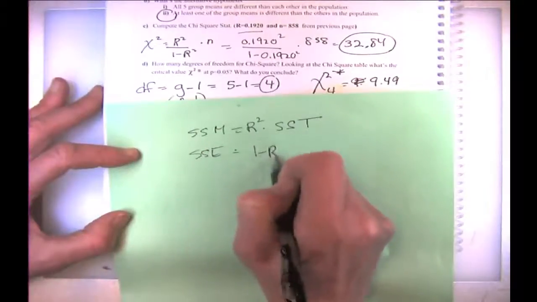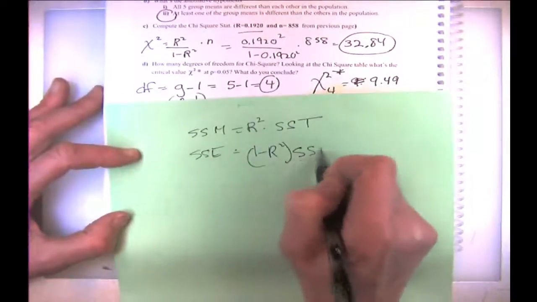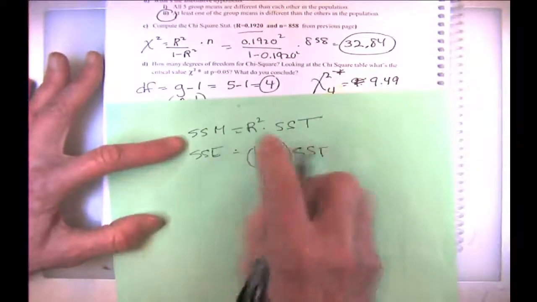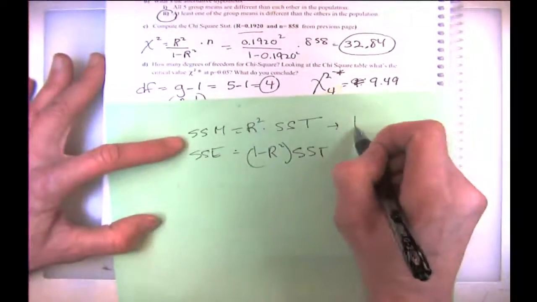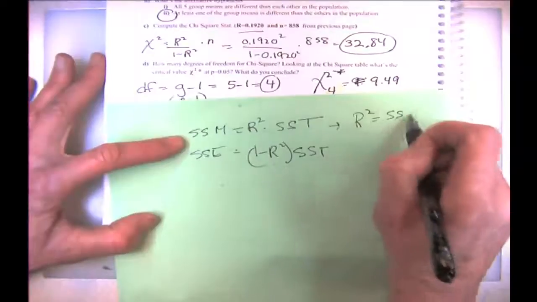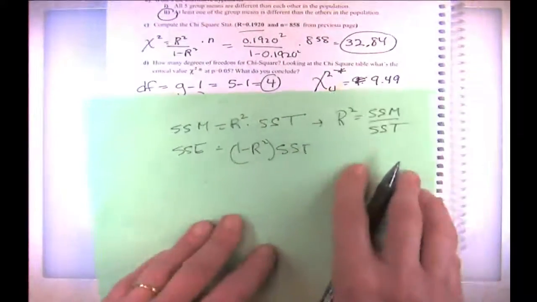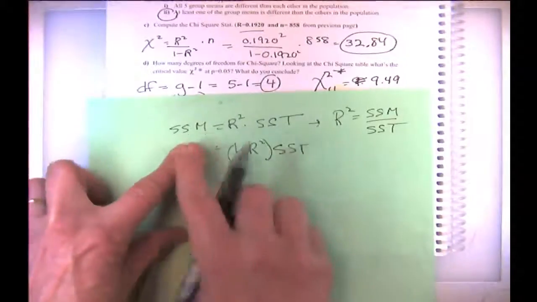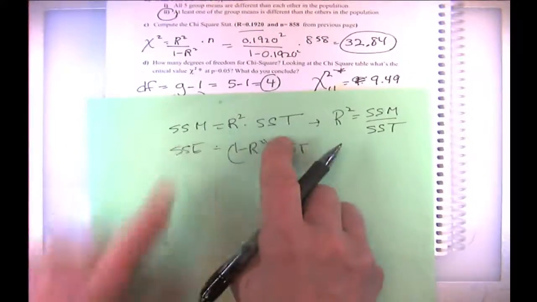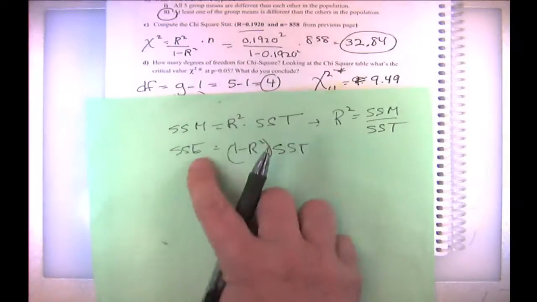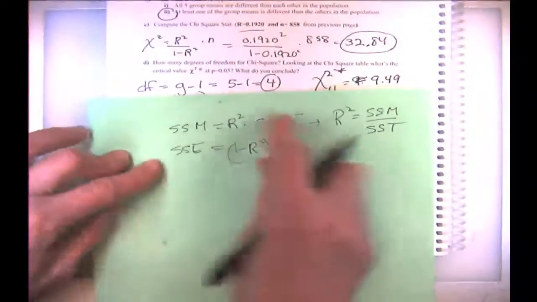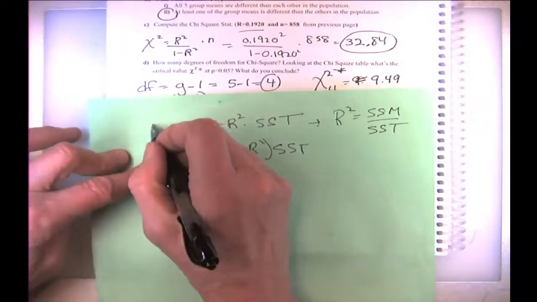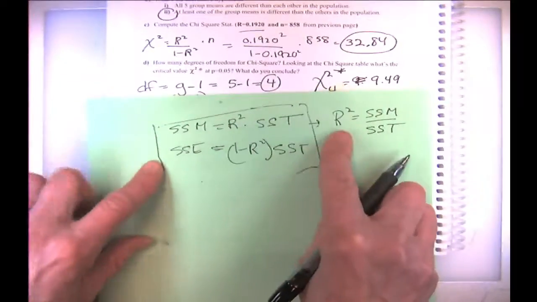So you're just solving here for r squared. r squared is equal to sum of squares model over sum of squares total. So, hey, blonde girl in the back, this is your question answered. How did I get r squared? I just divided both sides by SST. That's all. Okay, see you guys.